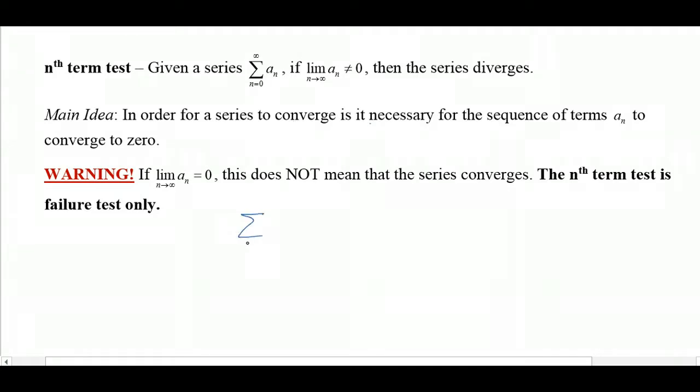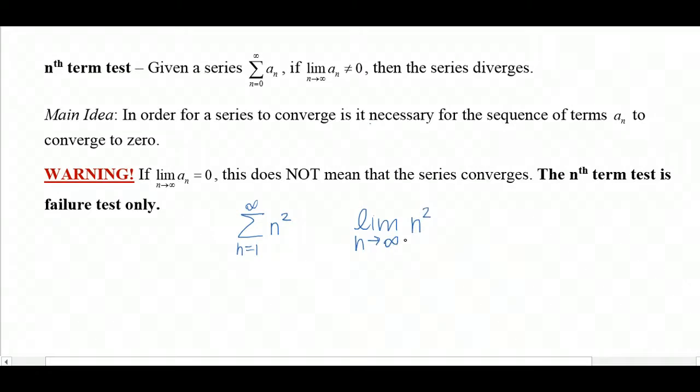We have the sum from n equals 1 to infinity of n squared. So it doesn't matter that this is n equals 1 and that's n equals 0. What we're trying to take a look at is what is happening to the limit as n approaches infinity of n squared.